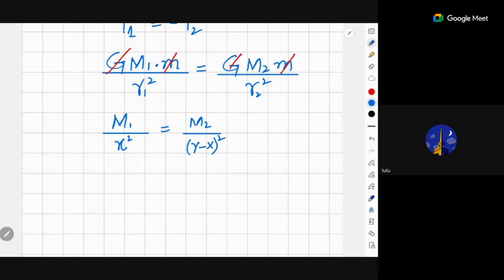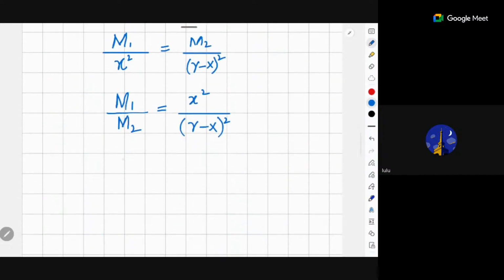So I can say that from here, mass 1 divided by mass 2 is equal to x square divided by r minus x square.